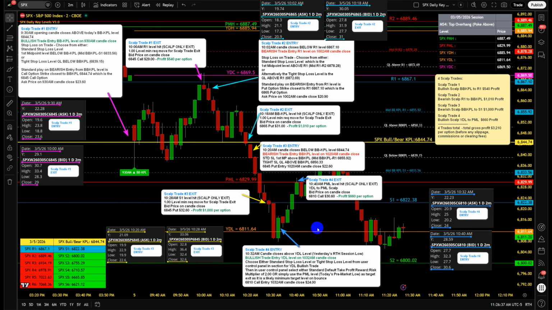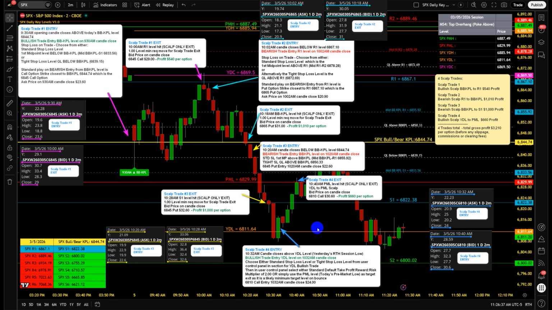And then for take profit, you can select your reward to risk multiplier, which the standard default is 2. So $2 of reward for every dollar of risk, every dollar of risk meaning the amount of points on either the tight stop loss level or the standard stop loss level. However, that reward to risk multiplier can go anywhere from 0.25 in 0.25 increments all the way up to 30.